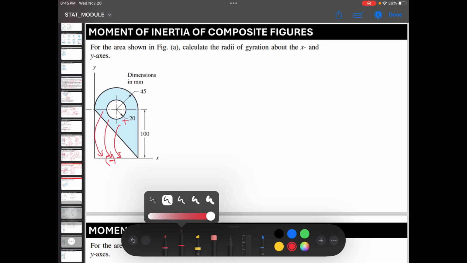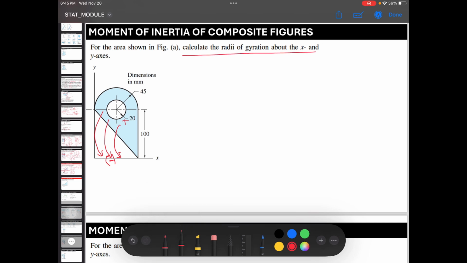Okay, pinapakuha pala dito is yung radius of gyration sa x and y axis. So, yung radius of gyration is square root ng I over A. Pinapakuha niya x and y. So, you need yung Rx, so, kailangan mo ng Ix and A. And then yung Ry na Iy over A. So, let's get yung Iy.